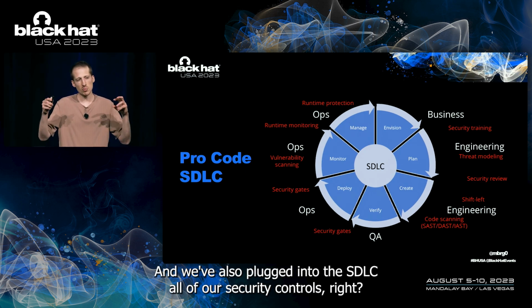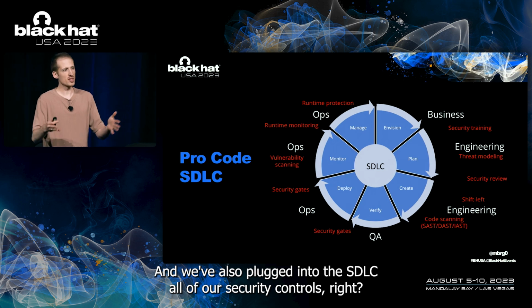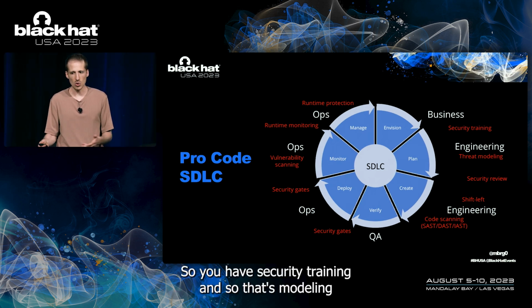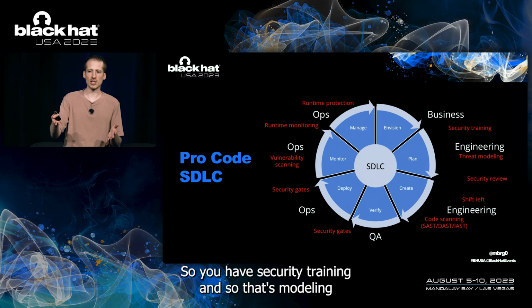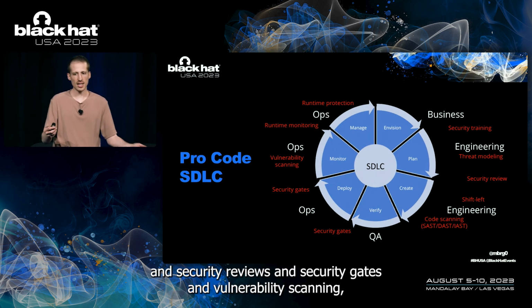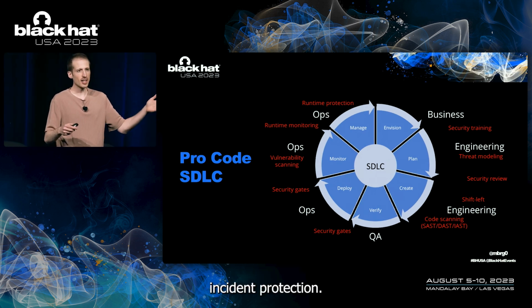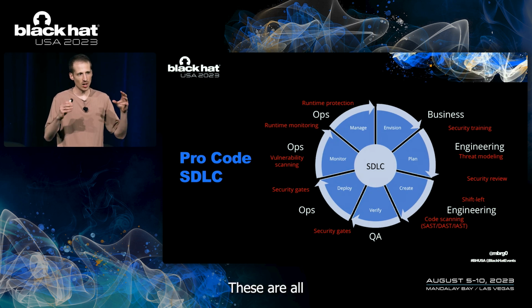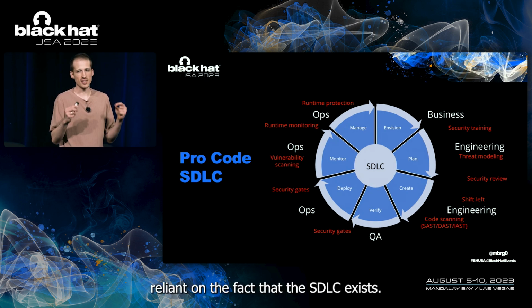And we've also plugged into the SDLC all of our security controls, right? So you have security training and threat modeling and security reviews and security gates and vulnerability scanning and runtime protection. These are all reliant on the fact that the SDLC exists.